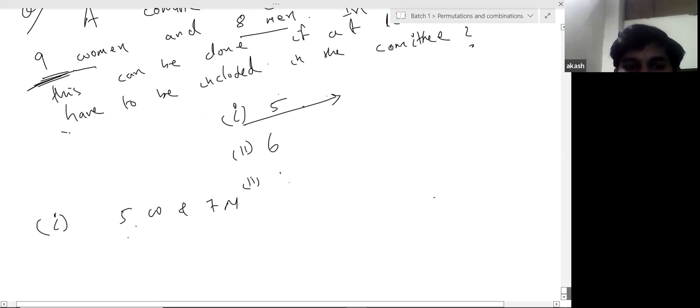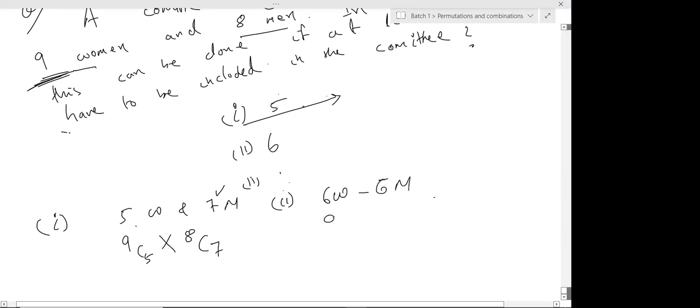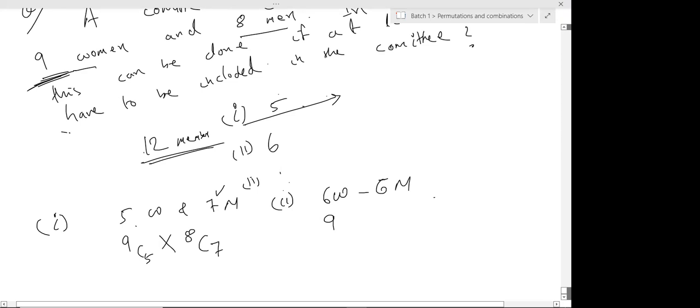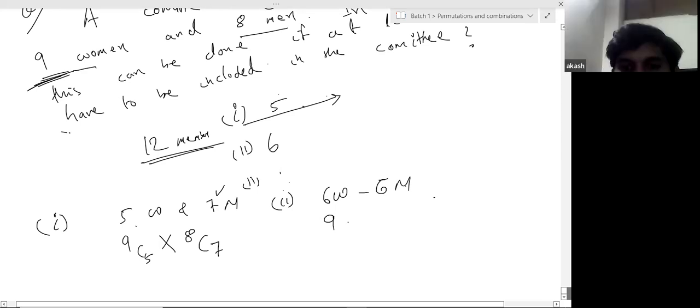So 5 women from 9, 9C5 and 8C7, right? You have to choose 7 men from 8 men. Second case, 6 women and 6 men. So why are we considering 7 men? Because in total we have to choose 12 members, right? Understood, sir. Yeah. 6 women, 6 men. So 9C6 into 8C6.